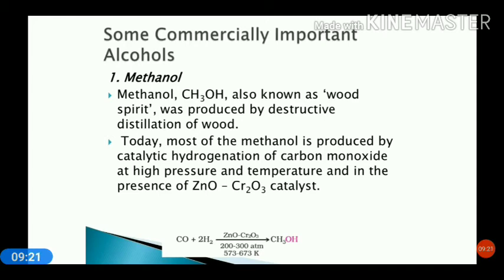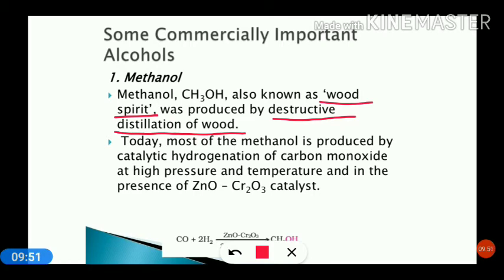Now we have to see some commercially important alcohols. From the board perspective, this is not a very important topic, but still we have to go through it. First is methanol. Methanol is also known as wood spirit and is produced by the destructive distillation of wood, and this is the reason why it is known as wood spirit.